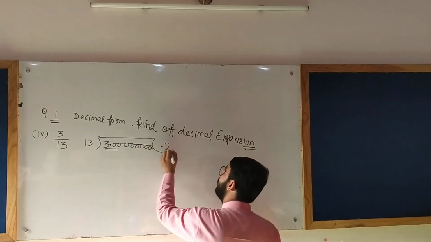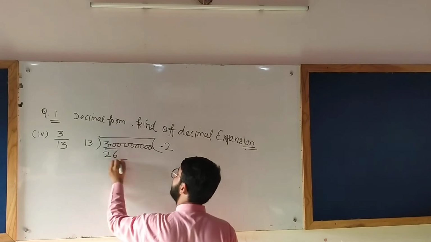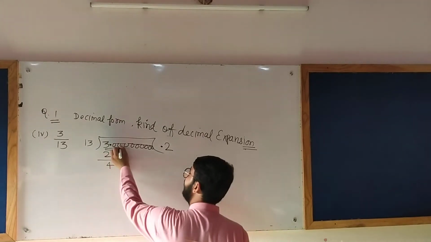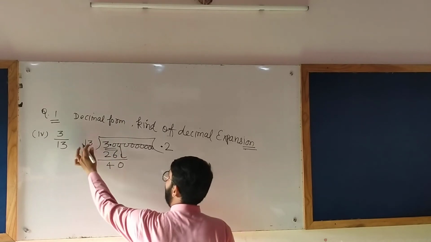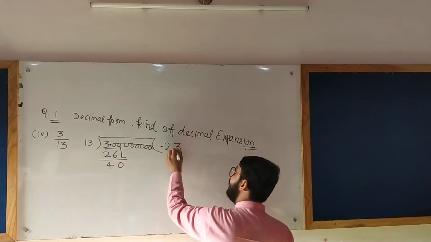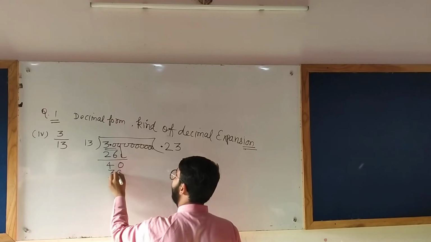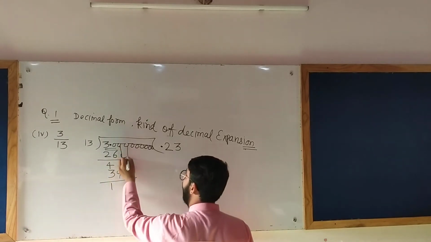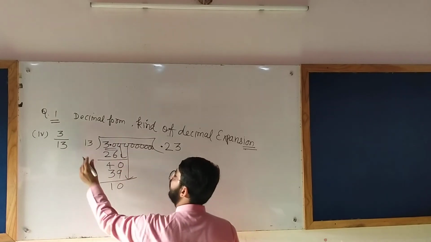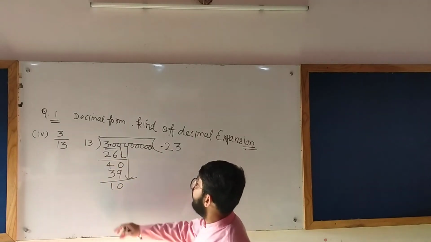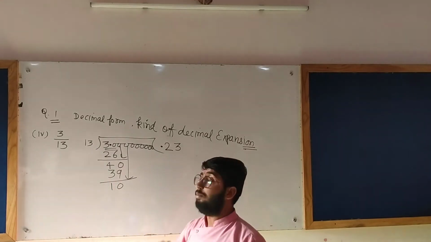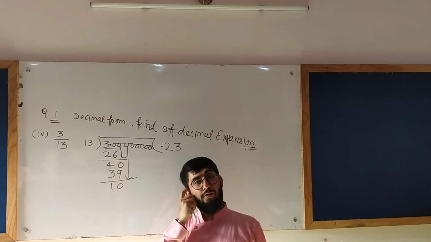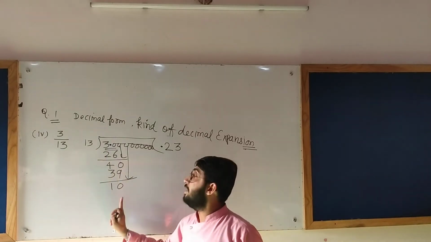13 2s are 26. What will be the remainder? Remainder will be 4. Take 0. 13 3s are 39. Remainder will be 1. Take another 0. Now, in the table of 13, 10 doesn't come. I have taken 1 0 from above, but 10 doesn't come.